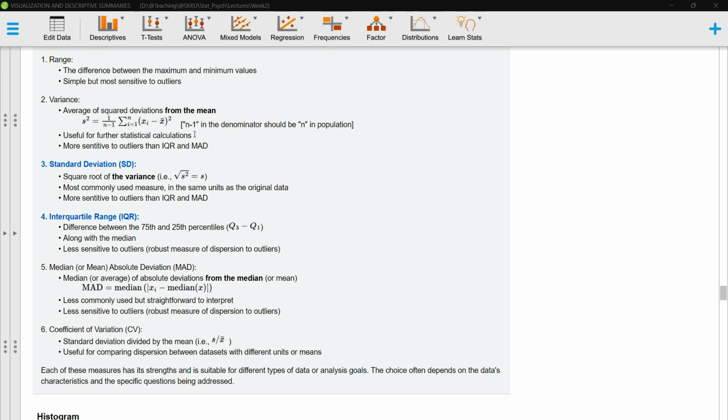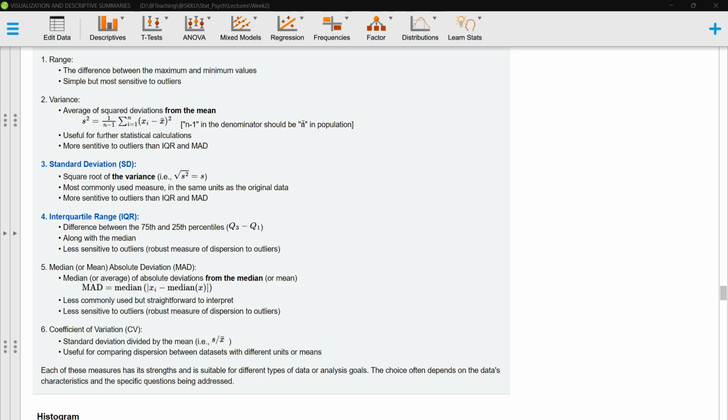The n minus 1 in the denominator should be n in a population to represent the average of the squared deviations from the mean. But in most cases, we are dealing with a sample instead of the population. We will talk about this topic later when we talk about the population and the sample, the difference between the two, and the inference from the sample to the population.